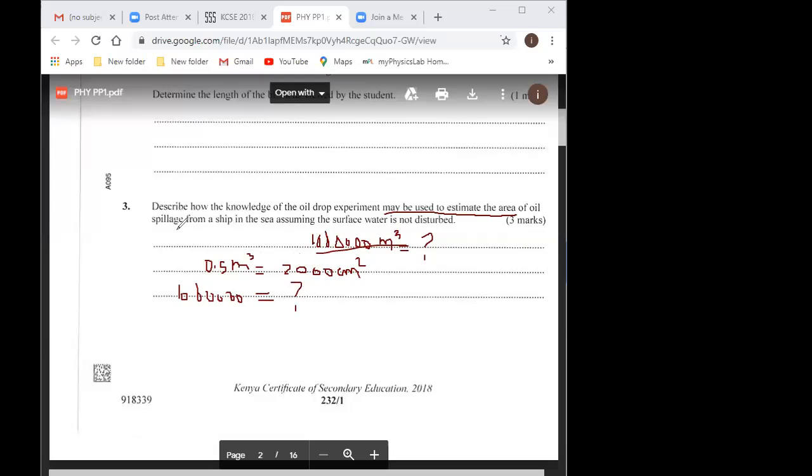The whole of this narrative is what you are supposed to put in writing, whereby you state that you scoop a known volume of oil, pour it on the surface of the water, and check the extent of spread. Then you do the comparison. What about the total volume of the oil that was in that ship, how is it going to spread? That is the only way you can deal with such a question.